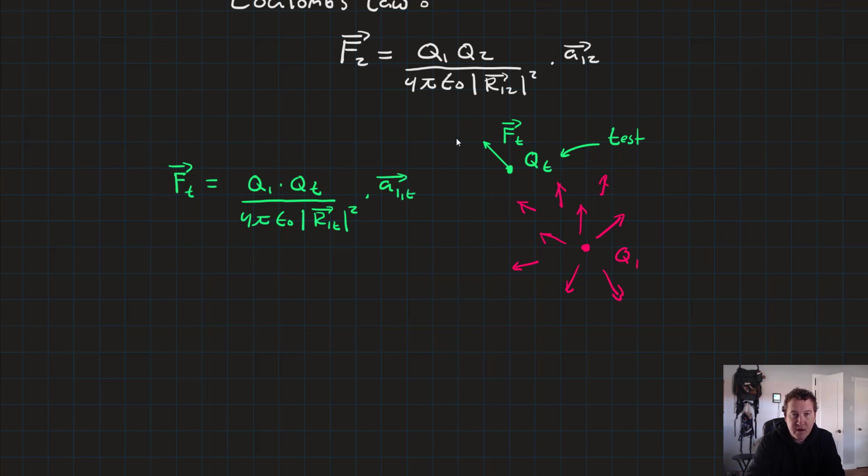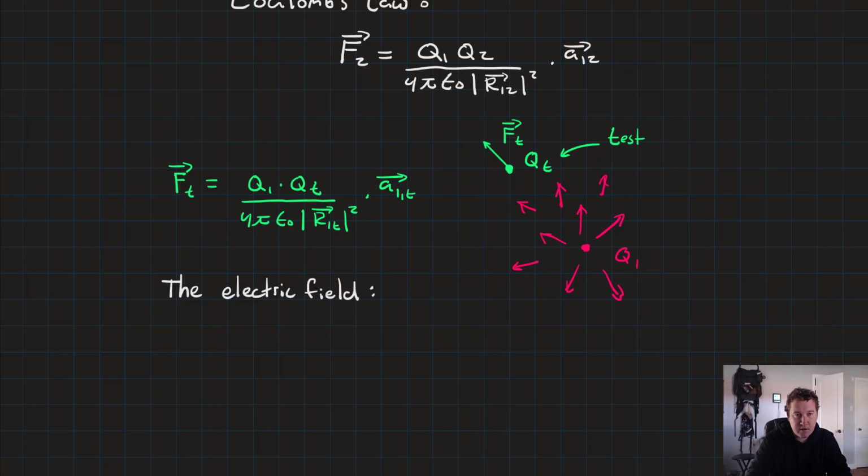Now this force comes about because of the electric field provided by Q1. So if we wanted to remove the test charge from the equation, we could do that by dividing out Qt, and as we'll find, that is what gives us the electric field.